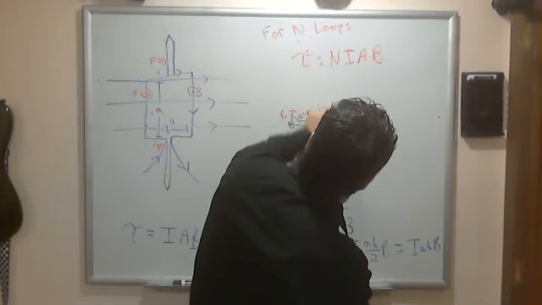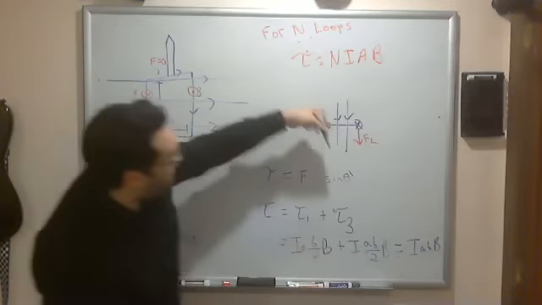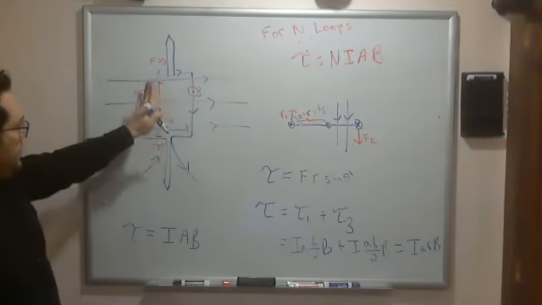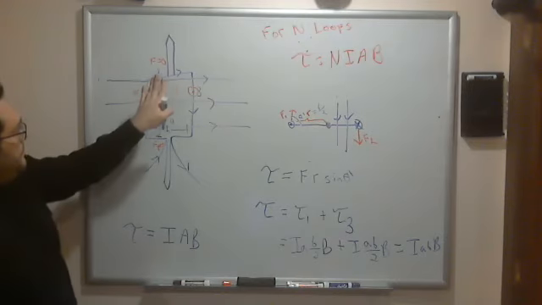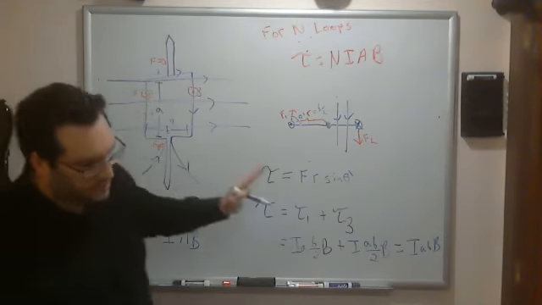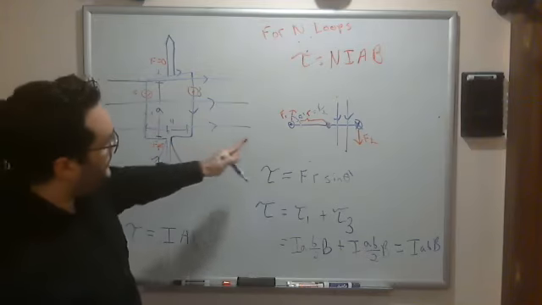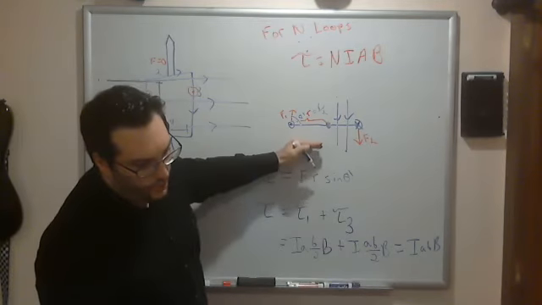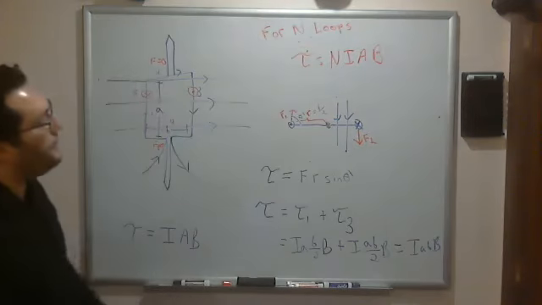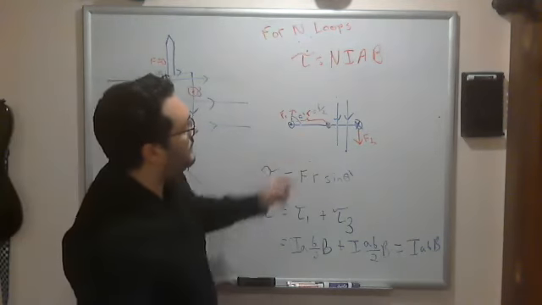The B field is going through the wire like this. The way I drew it over here, you can't really tell the perspective, but it's at an angle. If you look, I drew it at an angle. But in this orientation, the B field is going through here.